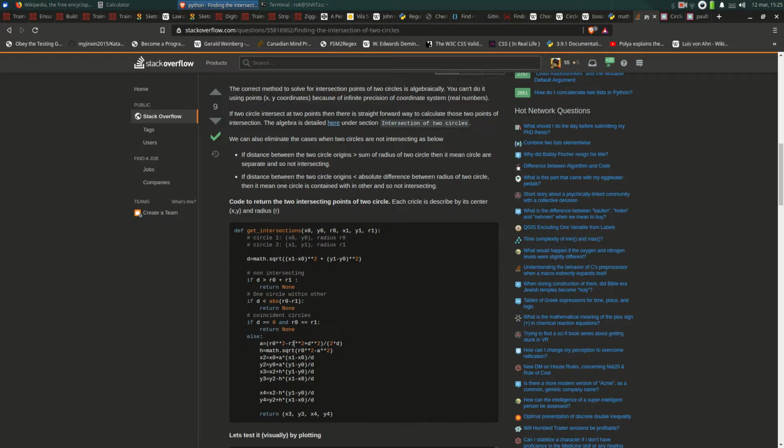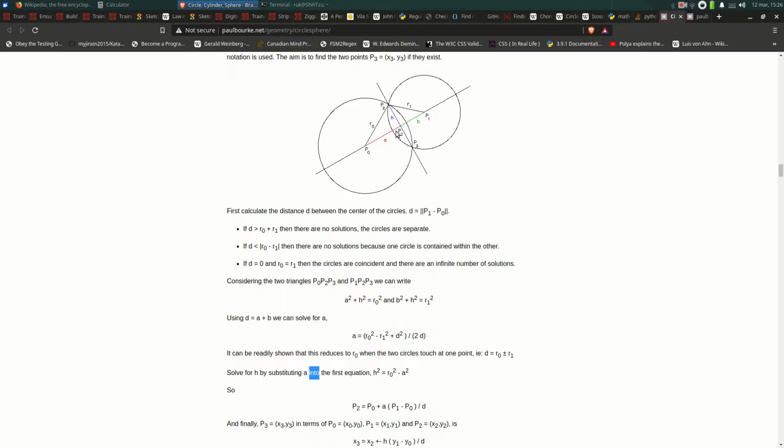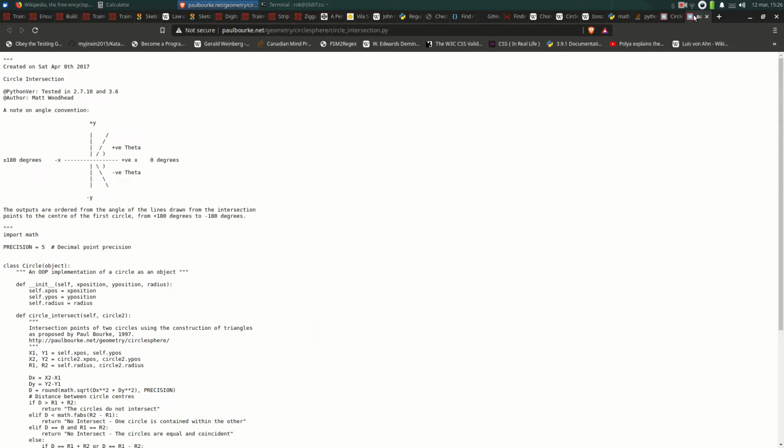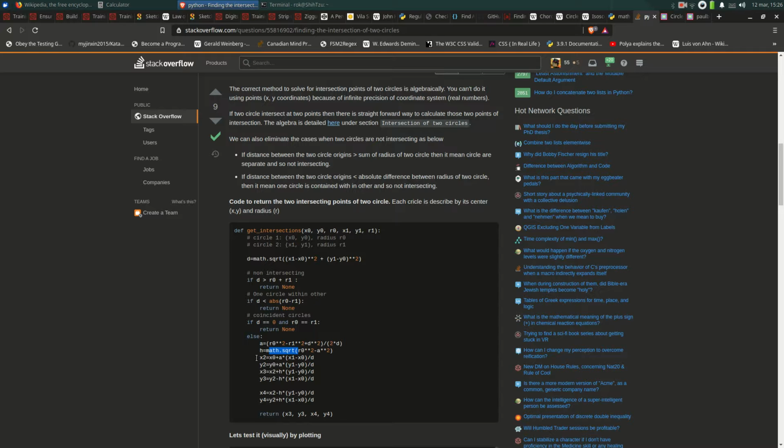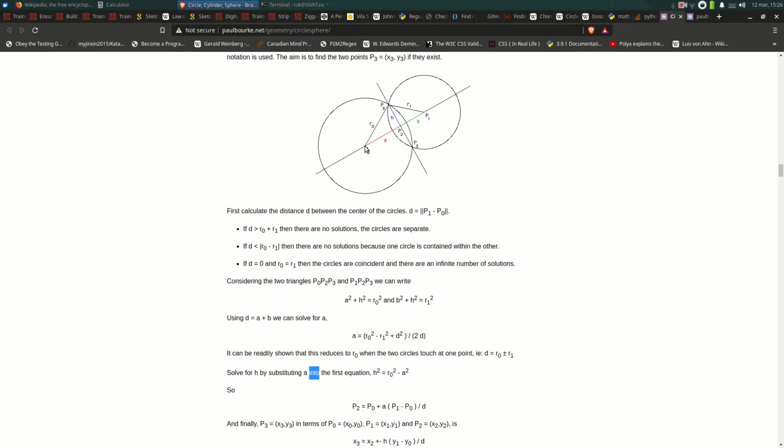Here it says A. First we do A, then we do H. So first we calculate this, then we calculate this, and then you do x0 plus A, and that, so that and that, y2, and with this one you could say P0 plus that plus that.